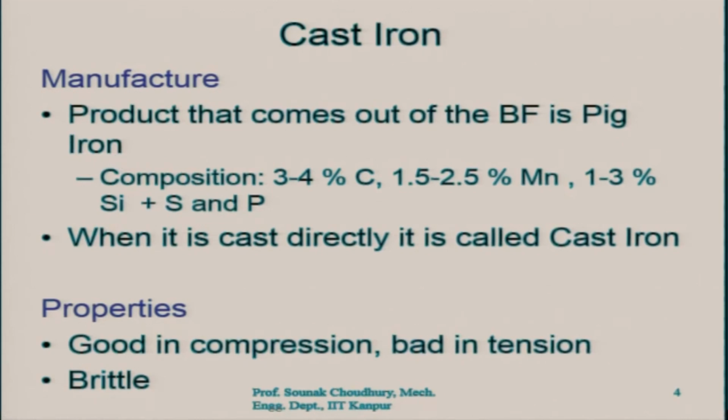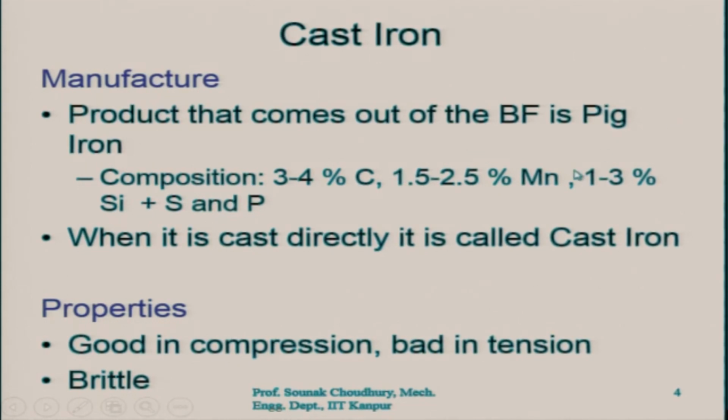The composition of the pig iron is about 3 to 4% of carbon, 1.5 to 2.5% of manganese, 1 to 3% of silicon, and sulfur and phosphorus additionally. So, this is the product which comes out of the blast furnace, which is known as the pig iron.